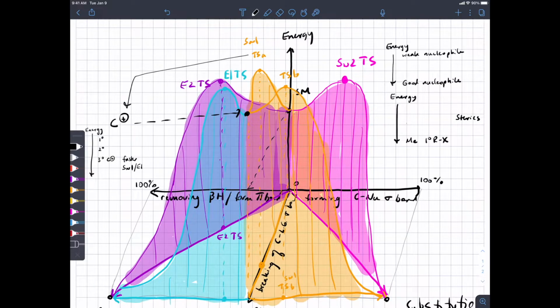It's going to be okay for secondary alkyl halides, but it's going to be prohibitively high for tertiary alkyl halides, simply because of sterics. So for tertiary alkyl halides, we're going to say too slow, no SN2. And the reason is, as you approach an alkyl halide from the backside, the alkyl groups on the tertiary alkyl halide will get in the way.